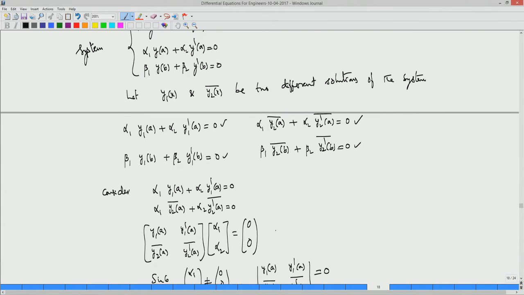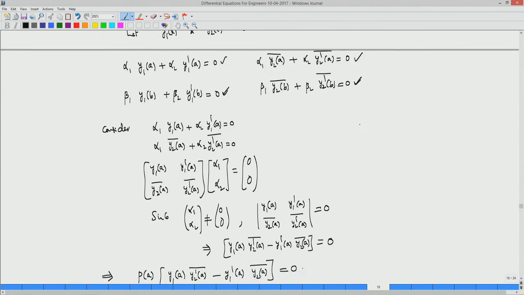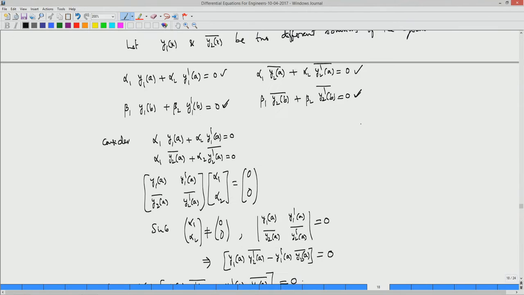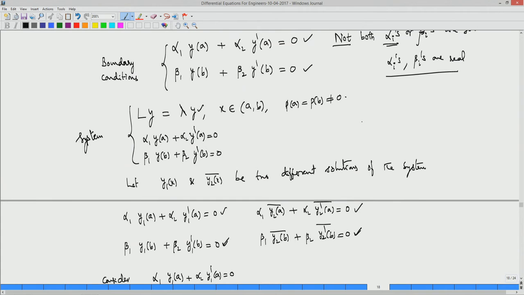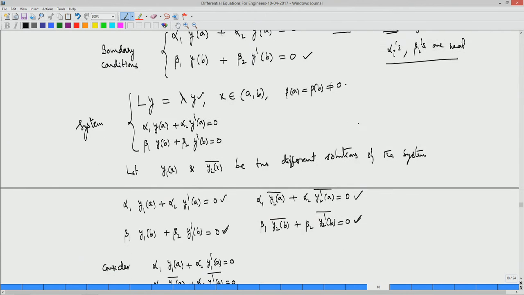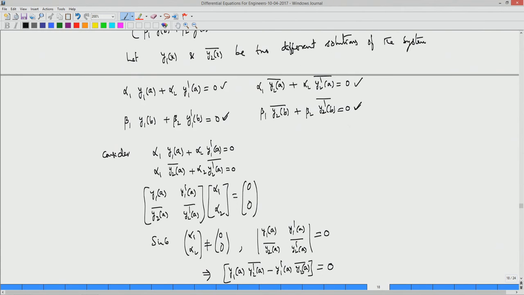Exactly do the same thing with the other two equations. You consider them as a system, since the beta i's are different, both non-zero. That means instead of alpha 1, alpha 2 you have beta 1, beta 2. So you do the same thing.